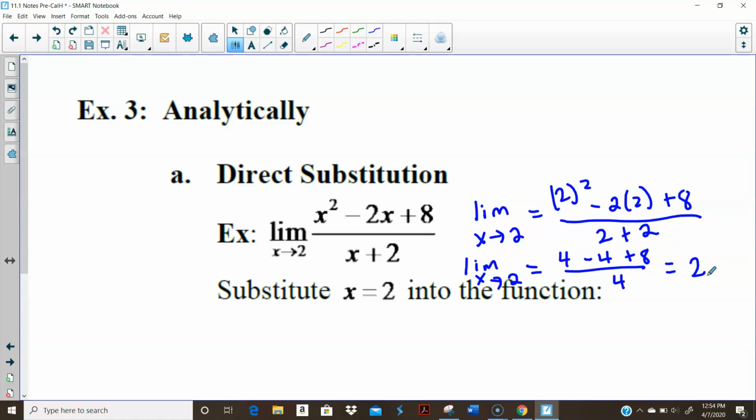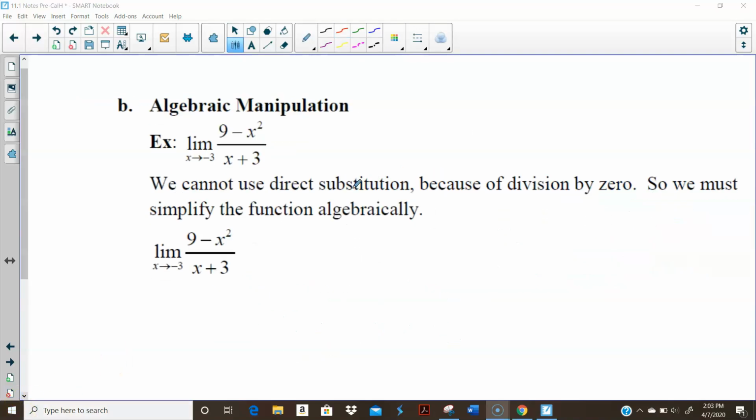So we could say the limit as x approaches 2 of f of x is equal to 2. And f of x is referring to this function right here, x squared minus 2x plus 8 over x plus 2.